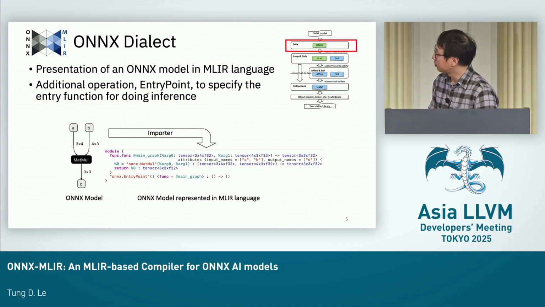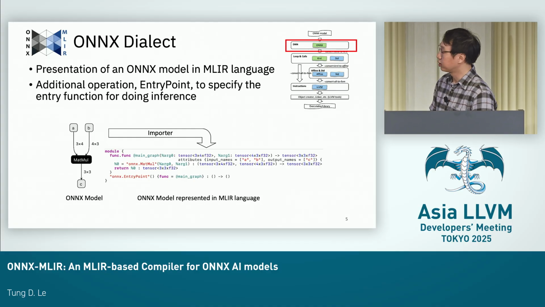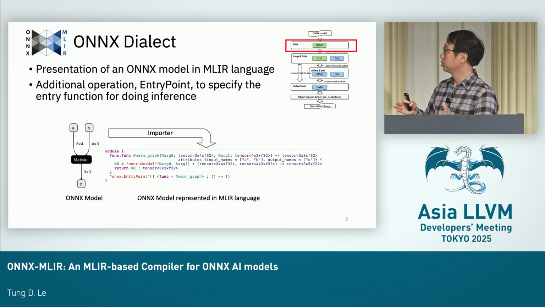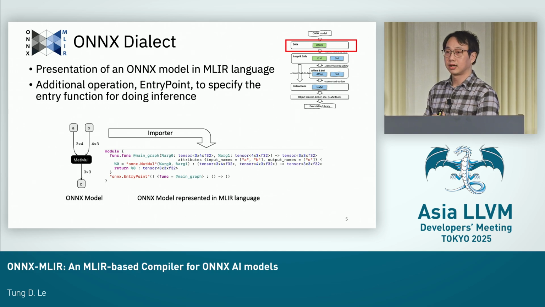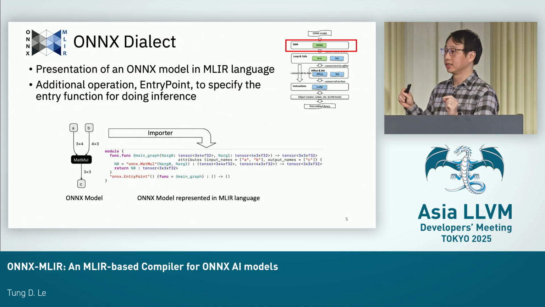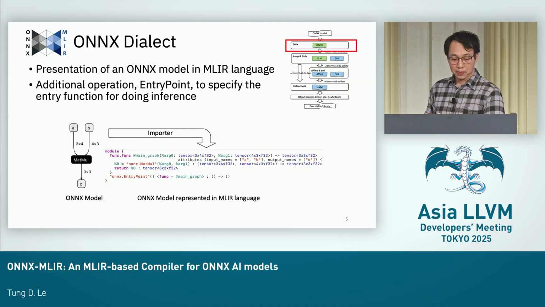In this case, we have matmul, so we have the ONNX.matmul operation. And one ONNX graph will be imported into one function in MLIR. We have a special operation, ONNX.entryPoint. This is not an ONNX operator, but we provide it to denote which is the main function in the generated executable file.